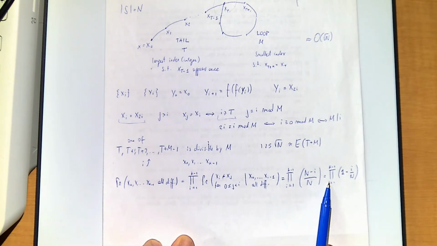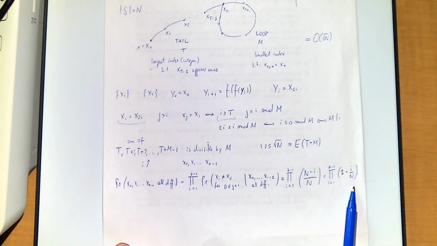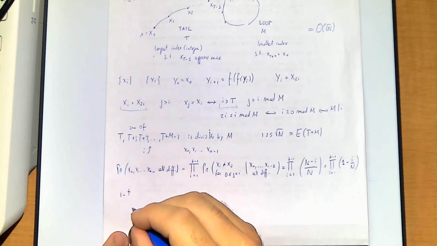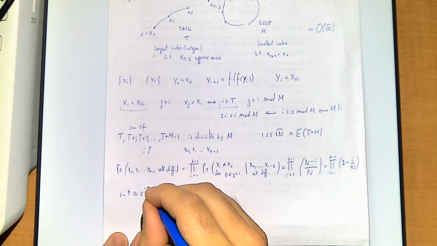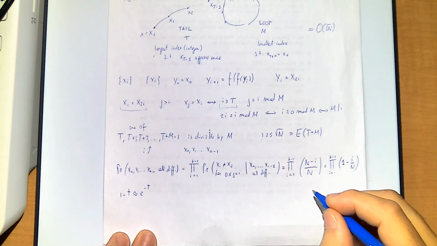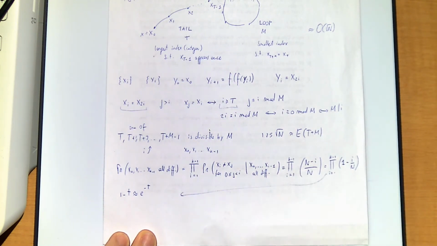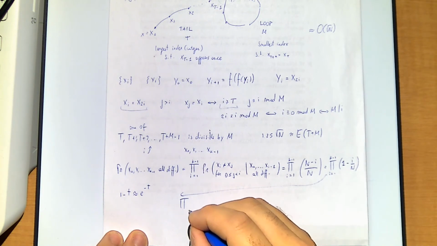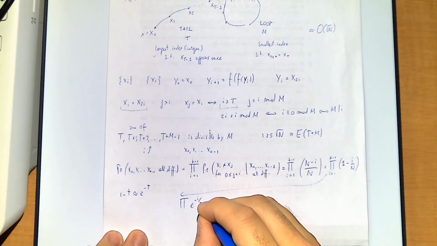Actually, this product is kind of in a recognizable shape, and we can approximate it if we use this estimate that 1 minus t is approximately e to the minus t for small enough values of t. And therefore what we get is that this product is equal to the product of e to the minus i over n.